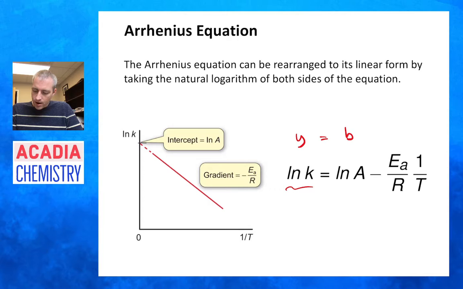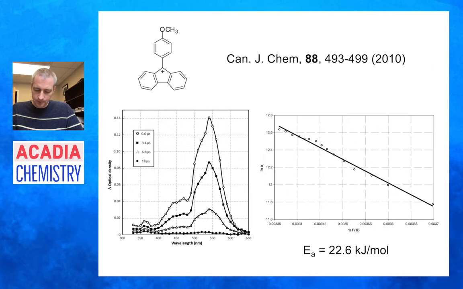Minus Ea over R becomes our slope, or gradient, for this equation. Ea is a constant, and so is R. And then 1 over T would be our independent variable, x. So this is just another form of the exact same equation, which you might find useful.